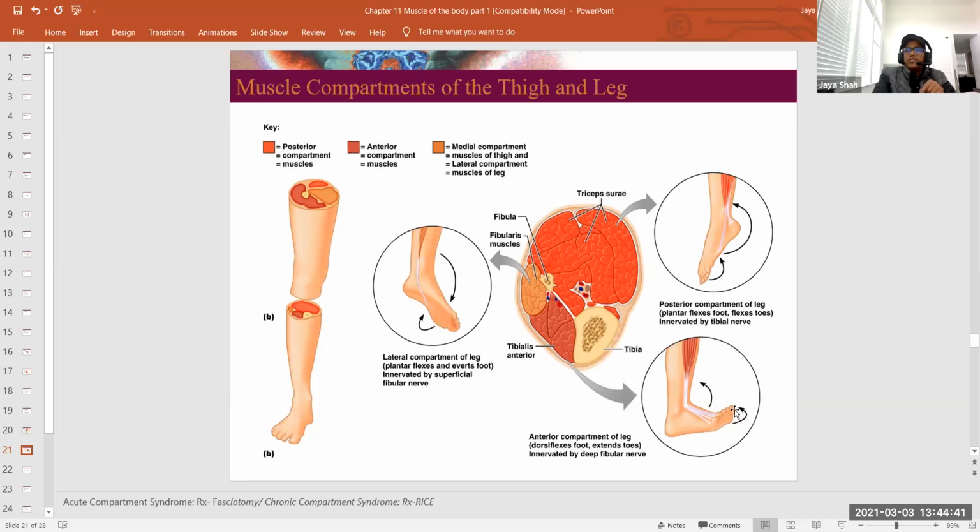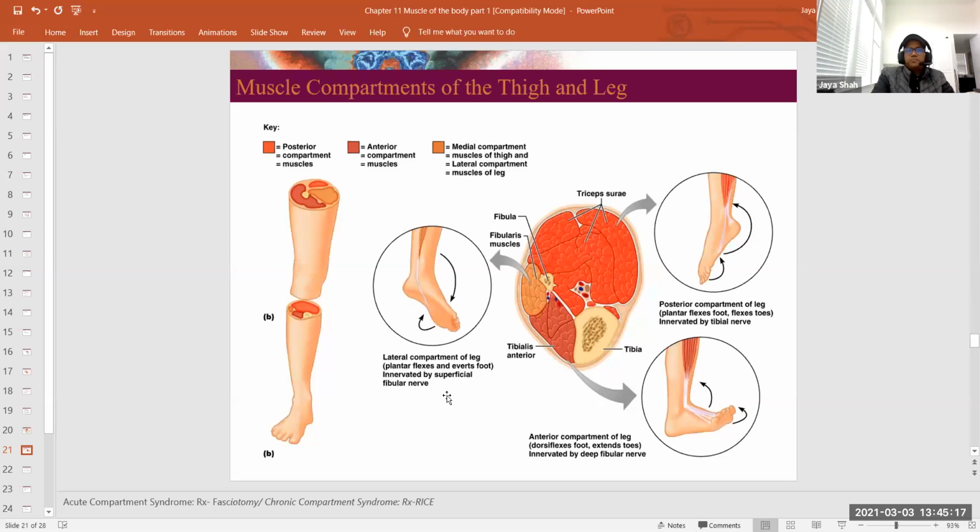Dorsiflexion is when, in anatomical position, you are pointing your great toe towards your body or towards your head. Now the lateral compartment of the leg plantar flexes and everts the foot and is innervated by the superficial fibular nerve. Okay.